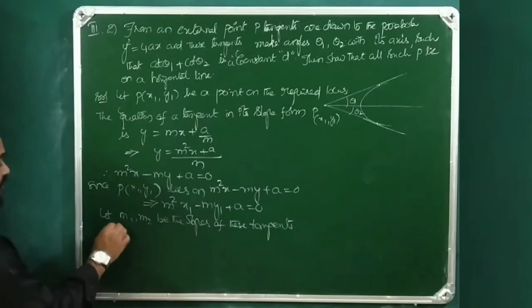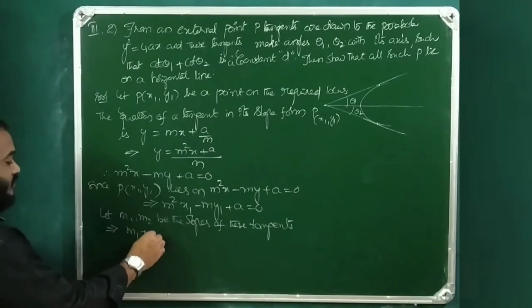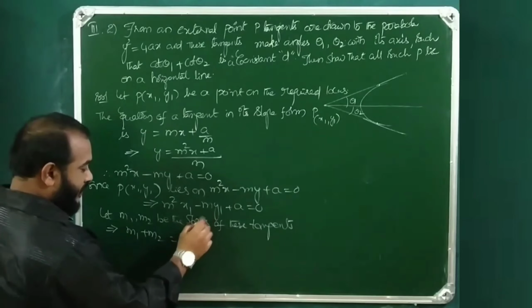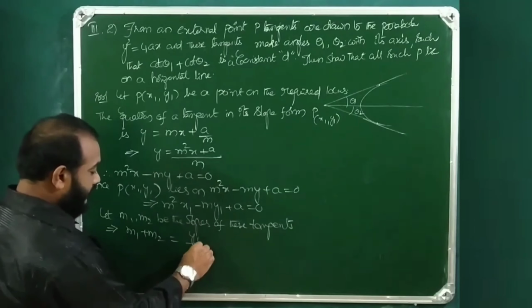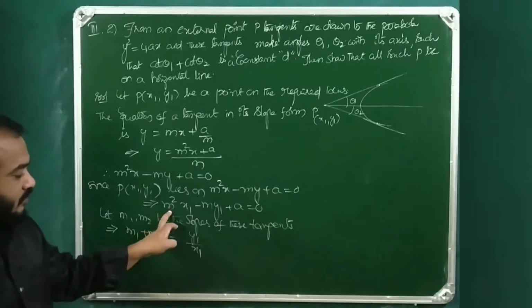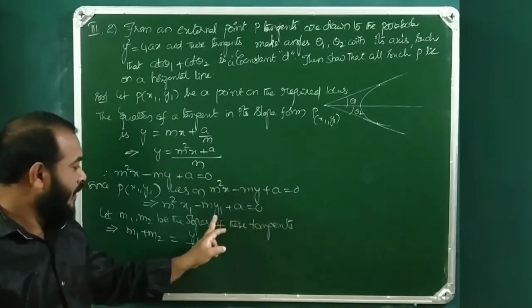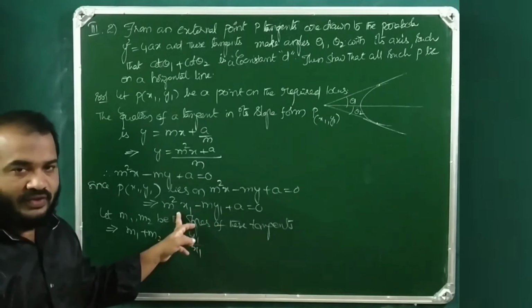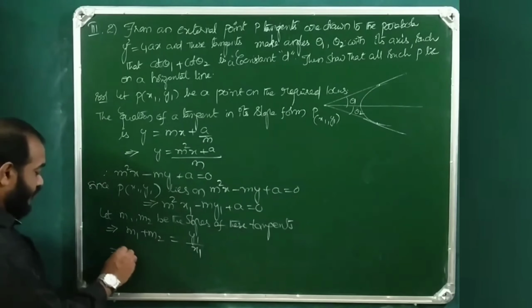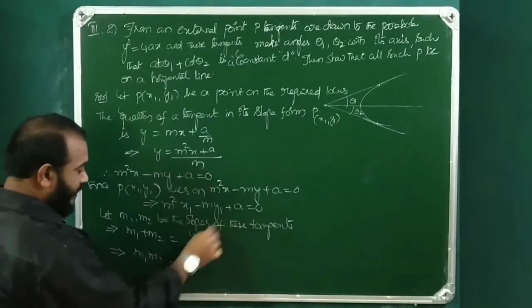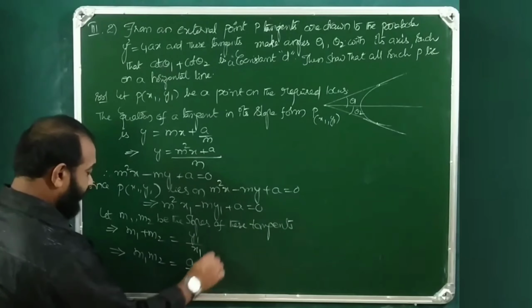Then the sum of the roots m1 + m2 = minus b by a = y1 by x1, and the product of the roots m1 m2 = c by a = a by x1.